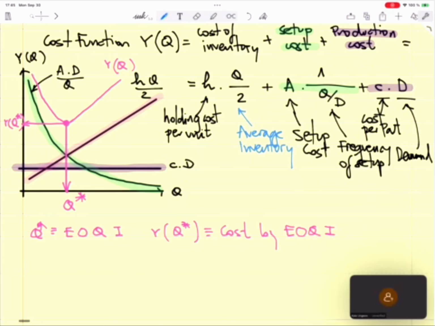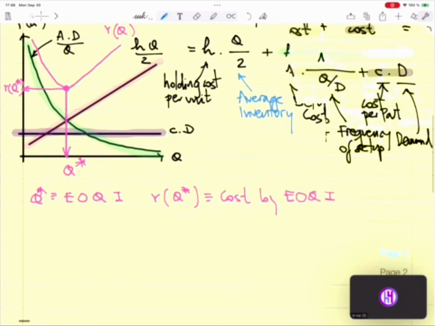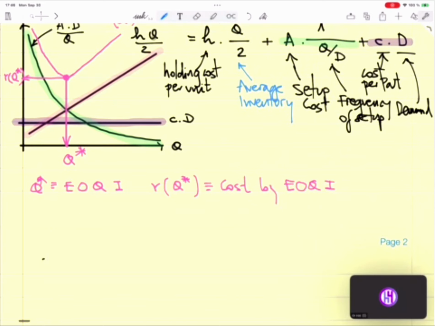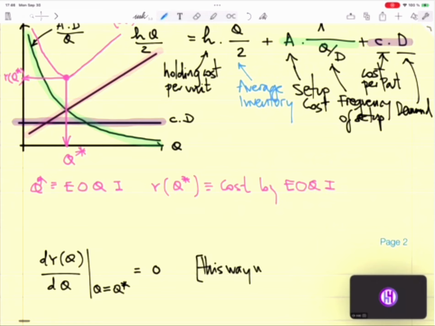Yeah, exactly. We need to find the first derivative of the function on the variable Q, and then put Q equals Q star, and then make it 0. This way we find Q star, the minimum of a function.